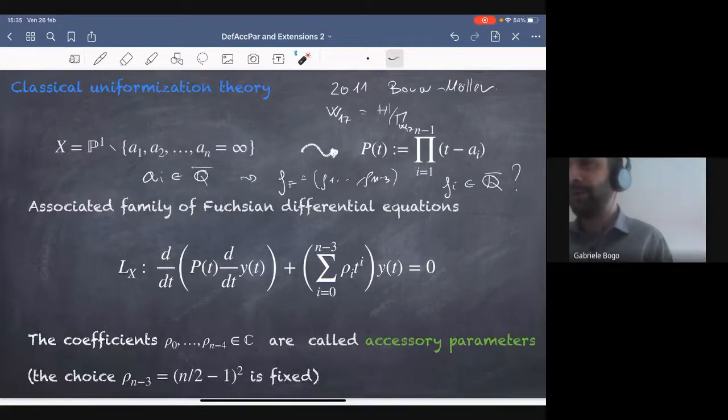Okay, so it has nothing to do with the groups that the Chudnovsky brothers conjectured to be of arithmetic relevance in this type of differential equation.